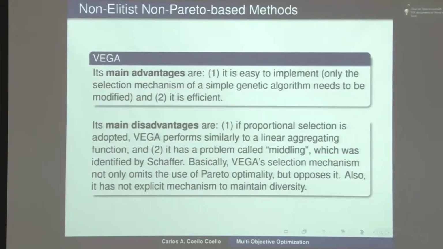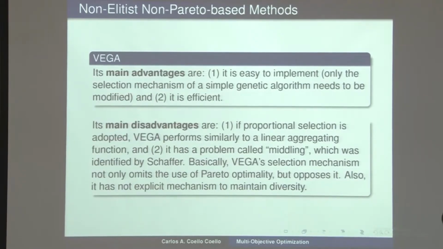The other problem is something that David Schaffer called the middling problem. He used a funny word. But if you think about the way VEGA works, it's not only that he's not using Pareto optimality, but his selection mechanism opposes Pareto optimality.